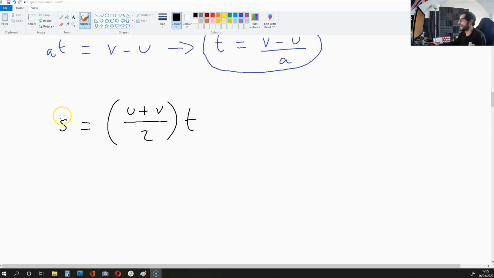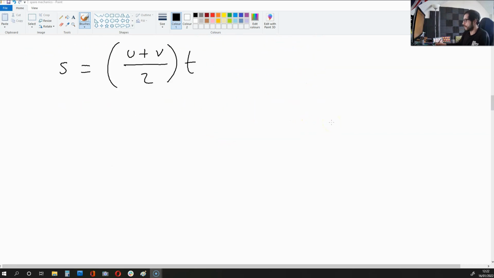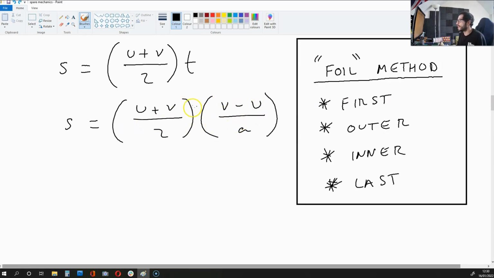So recall, S is U plus V over 2 times T, but T is V minus U over A. So what we have is S is equal to U plus V over 2 times V minus U over A. Now from here, what we're going to use is the FOIL method.